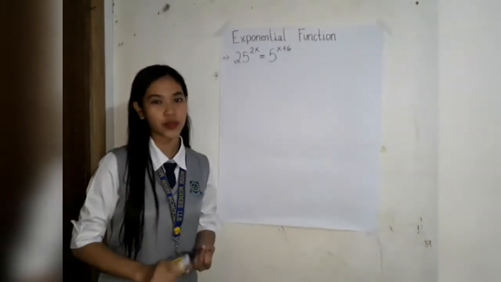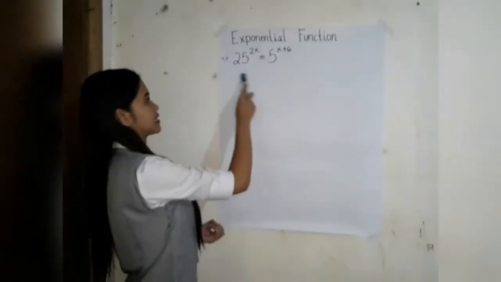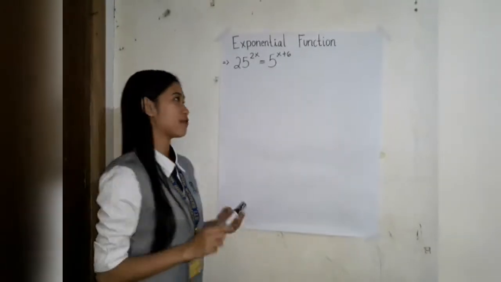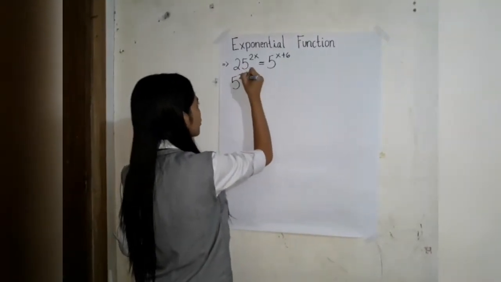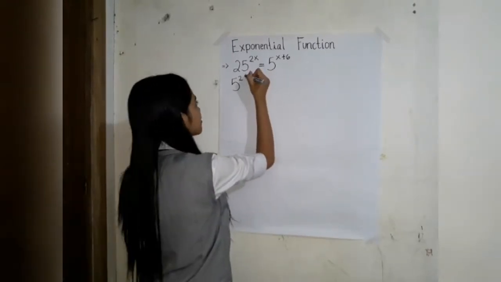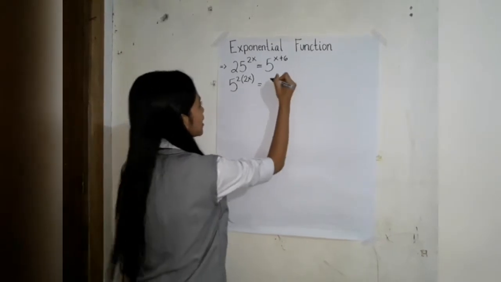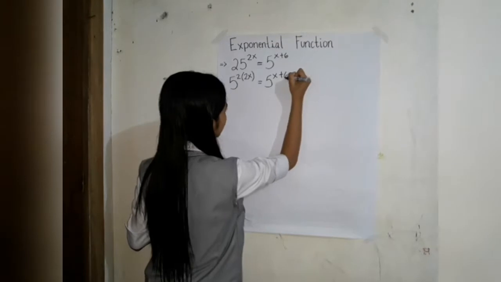How many times do we multiply 5 by itself to equal 25? So, 5 times 5 is 25. Therefore, 5 raised to 2, then copy the exponent, times 2x is equal to, copy 5 raised to x plus 6.